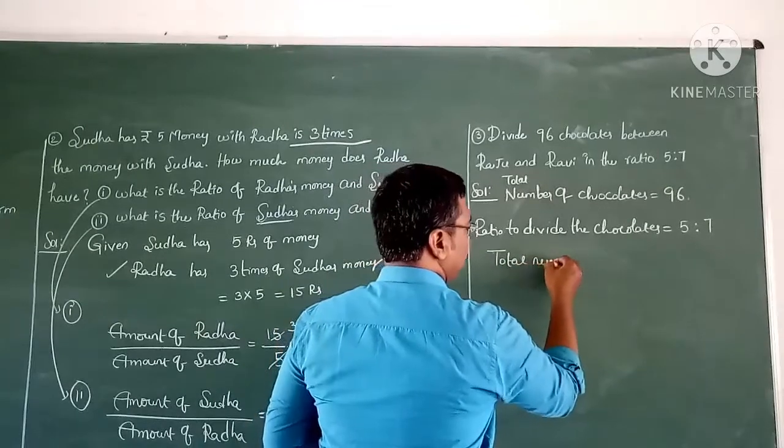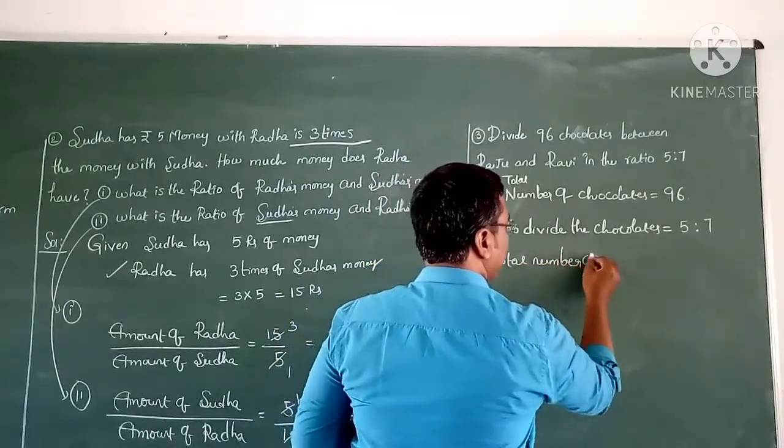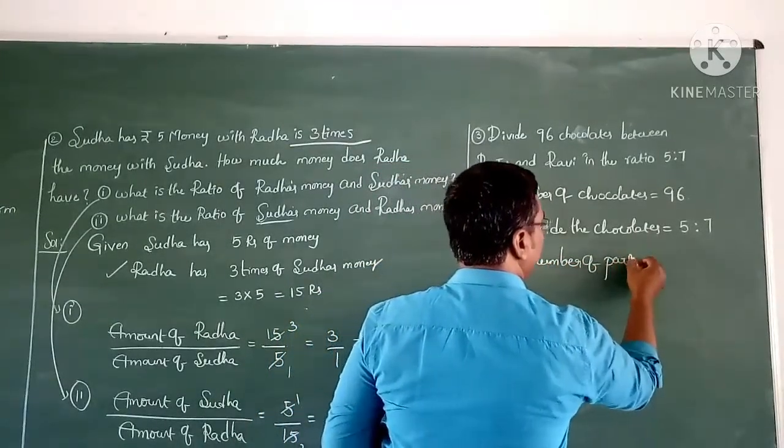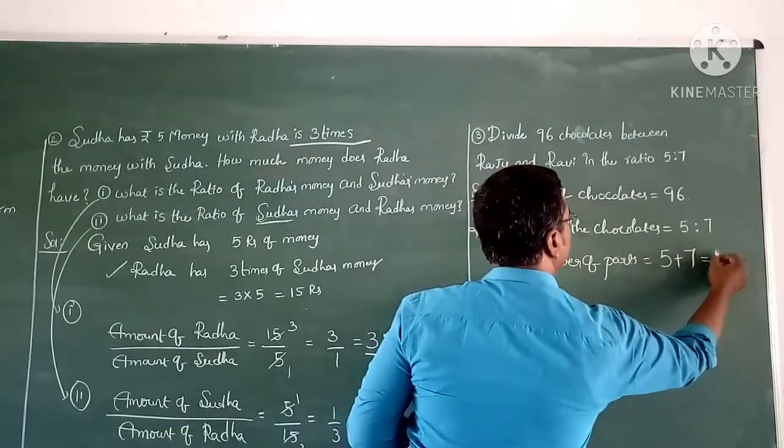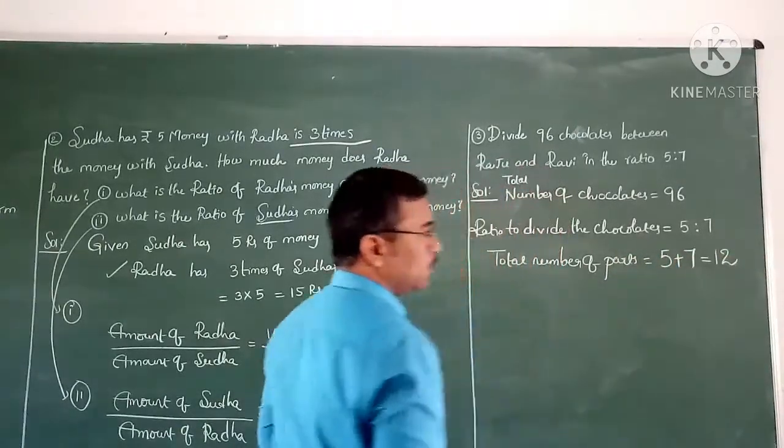Total number of parts, how many parts are there in total? So 5 plus 7 is equal to 12 parts.